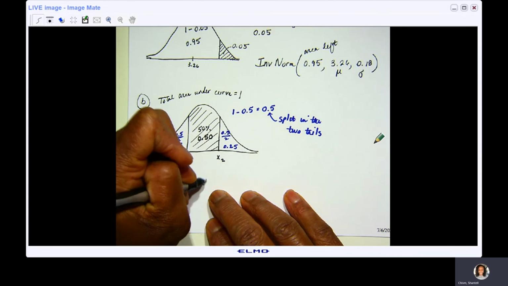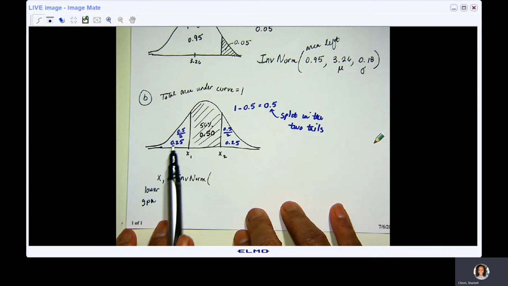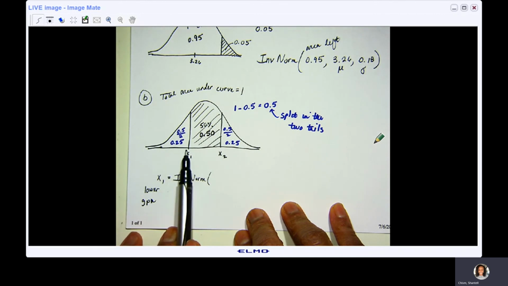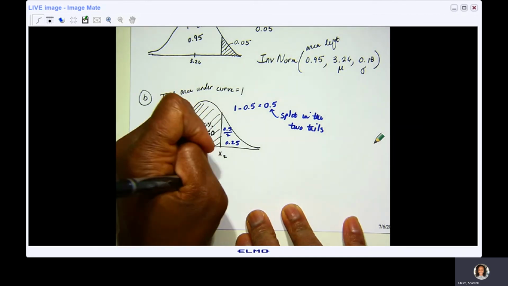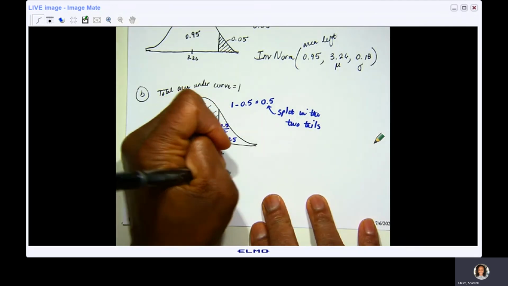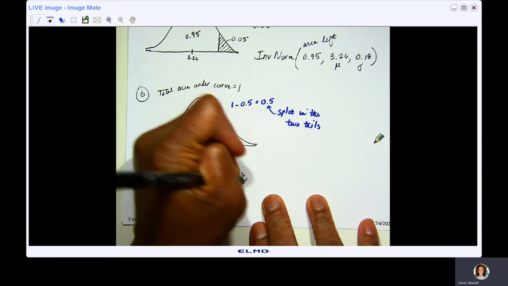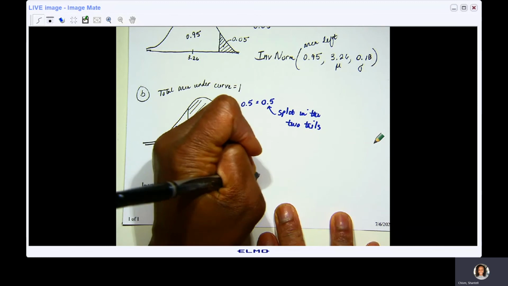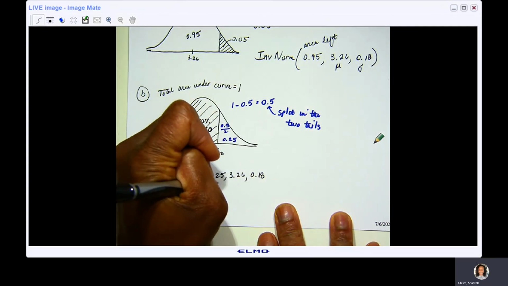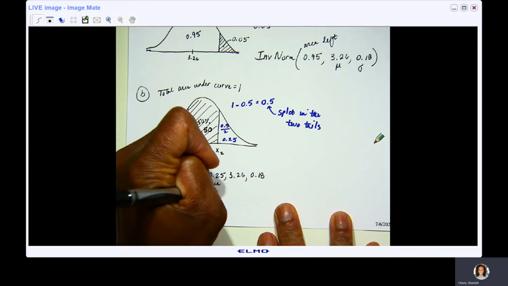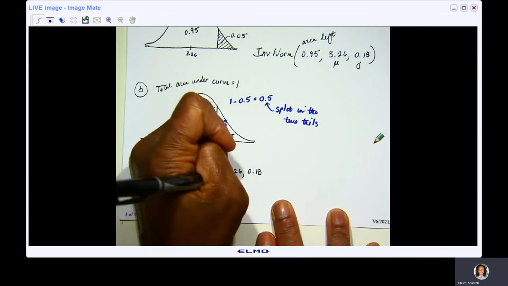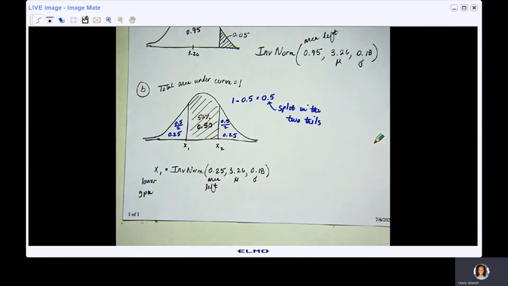The area to the left of this X is just what's in this left tail, 0.25. And I still have the same mean, which is 3.26, and the same standard deviation, 0.18. So that is my area to the left of this lower end GPA, and then my mean and my deviation.